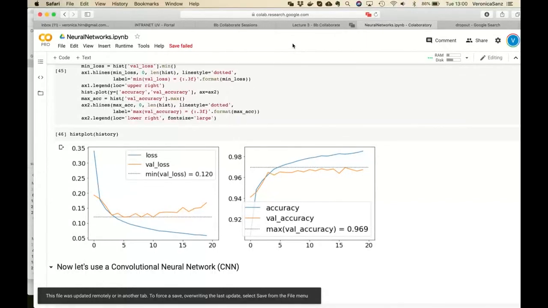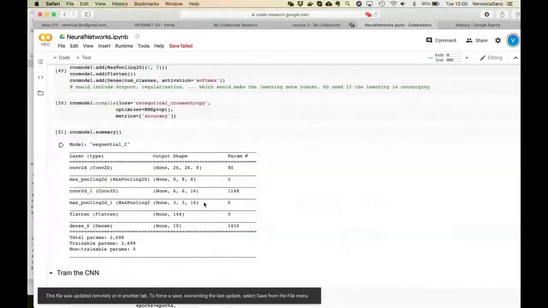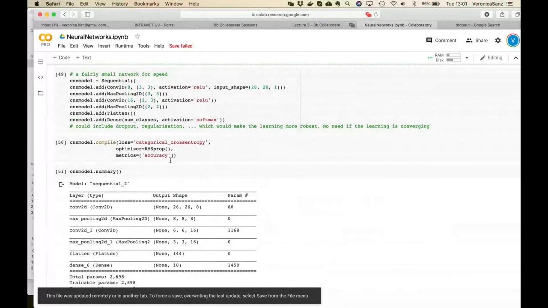Sorry, I have a question. In the convolutional neural networks, the last layer is a dense layer with 10 nodes. What's that mean? You have a node for each possible output, and that means that we give a probability to each possible output.